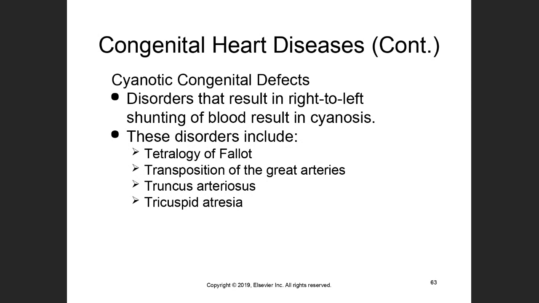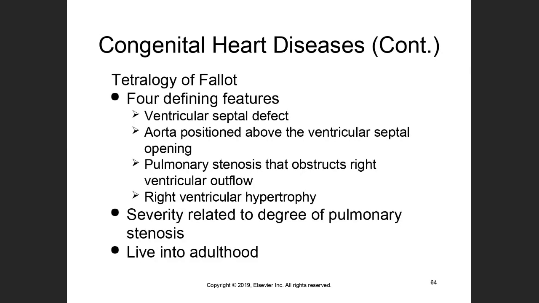Those are babies that are born with cyanosis, okay? They are born purple. We have all the T's, okay? That's the main difference. If you see a condition with T, that's early cyanosis: tetralogy of Fallot, transposition of the great arteries, truncus arteriosus, and tricuspid atresia.